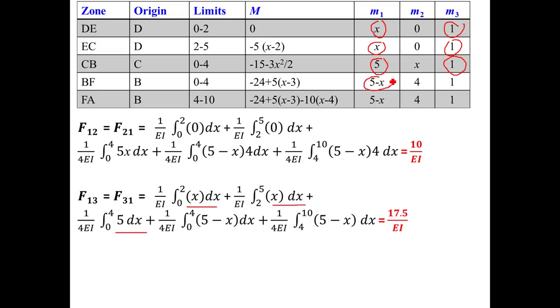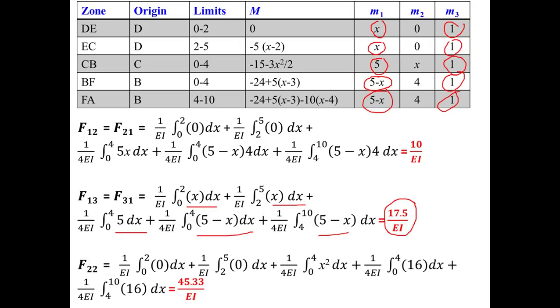Fourth zone 5 minus x into 1, that is 5 minus x. And last zone again 5 minus x into 1, 5 minus x. Okay. So if you perform integration, final answer of F13 which is also equal to F31 is 17.5 upon EI. Okay. This is first row of the flexibility matrix. Then F22 equal to M2 into M2.